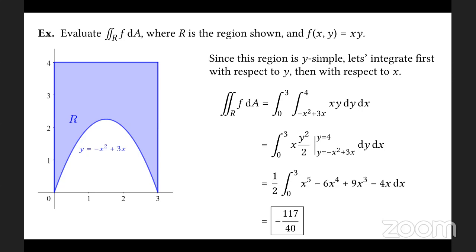Okay, so if we take that antiderivative with respect to y, we get y squared over 2, and we evaluate at 4 minus evaluated at that quadratic, and we get this big nasty quintic, and then we take the integral of that. It looks nasty, but this is just a polynomial in x, so we can take the integral. And what we get is negative 117 over 40.